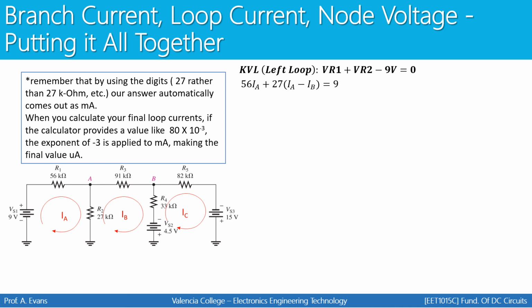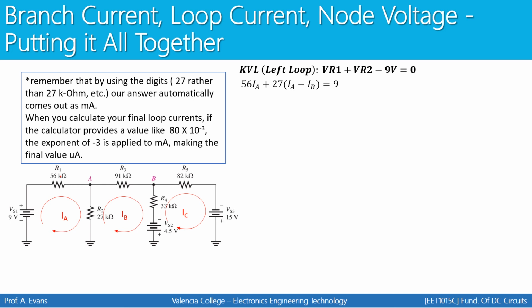If you look at the equation for the KVL, I wrote 56 IA plus 27 IA minus IB equals 9. Notice that the label on the resistor is 56K. I didn't write the K. I didn't write 56,000 times IA. I wrote just 56. You can do this. This is fine. It makes your algebra simpler as you're working through the loop current method on this problem.